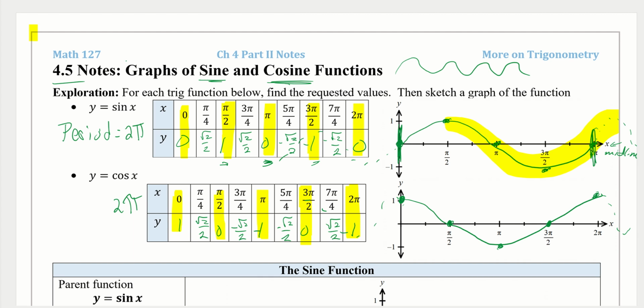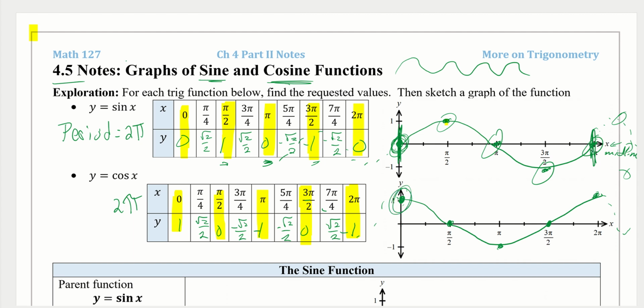My recommendation is to learn this pattern. We're going to use this pattern quite a bit. Sine typically starts at the midline. Typically if it's positive, it goes up, midline, down, midline. So you could keep doing that: midline, up, midline, down. Whereas cosine, the parent function, starts up first.